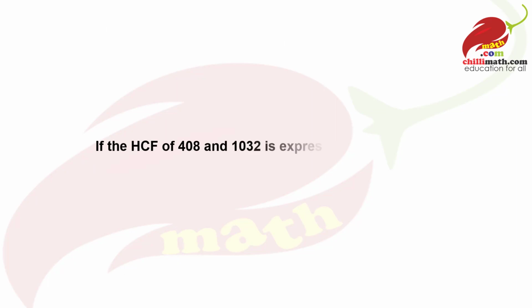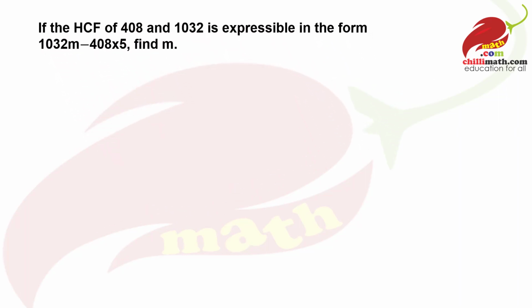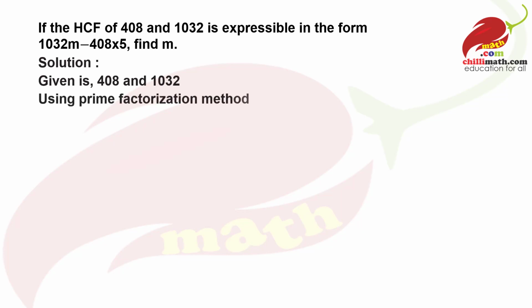If the HCF of 408 and 1032 is expressible in the form 1032m minus 408 into 5, find m. Solution. Given are 408 and 1032. Using prime factorization method, 408 equals 2 cubed times 3 times 17 and 1032 equals 2 cubed times 3 times 43.